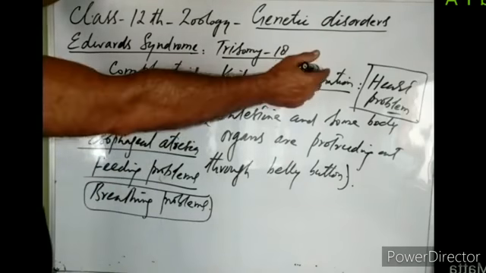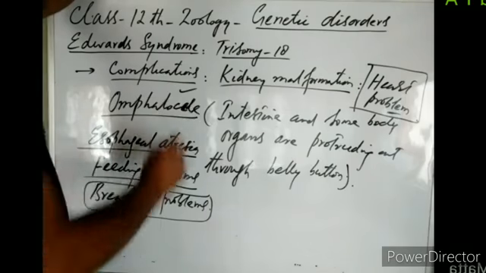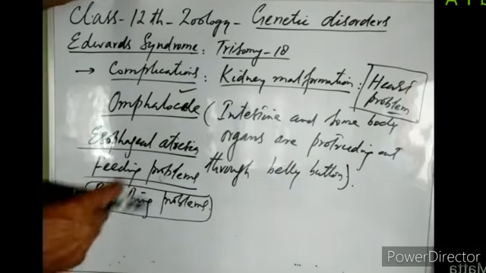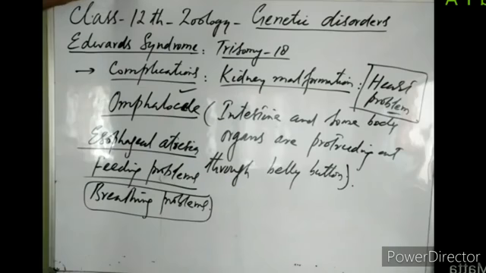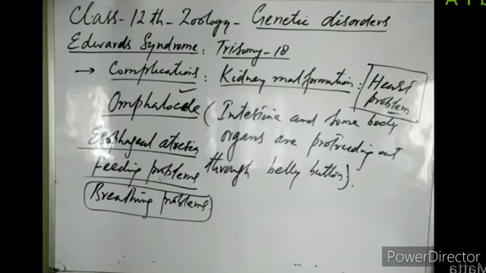And most of these kids die because of heart problems. And some have severe omphalocele. This severe omphalocele can be treated by surgical methods. The protruding intestine or body organs can be sent back into the abdomen surgically. But most of the deaths occur due to heart problems and breathing problems, right? So these are complications associated with Edwards syndrome.